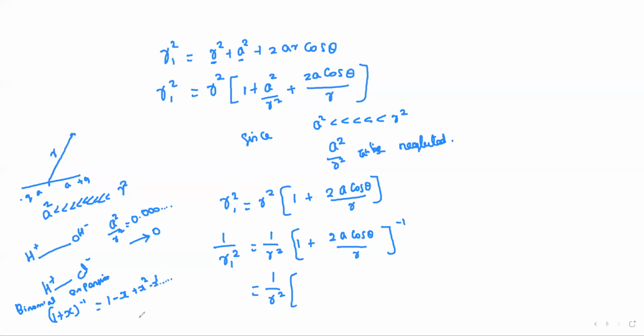It goes on. Basically, you can neglect the x square, x cube terms, because here x is 2a cos theta by r, and if you square it, it will again be a square by r square, which can be neglected. So we get these two terms only.